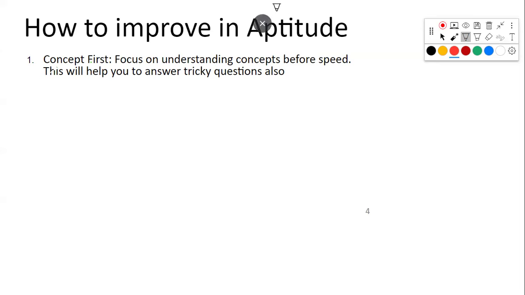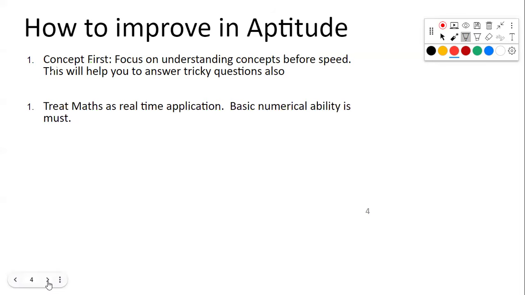Once you are good in concepts, automatically after a few questions, you start picking up speed. This will help you to answer tricky questions when you stick to the concepts, basics, fundamentals.